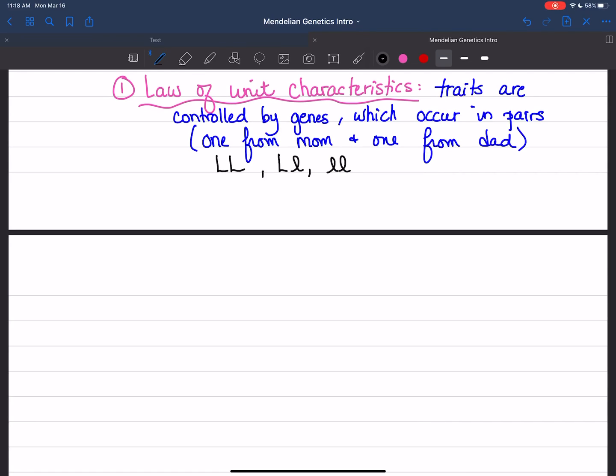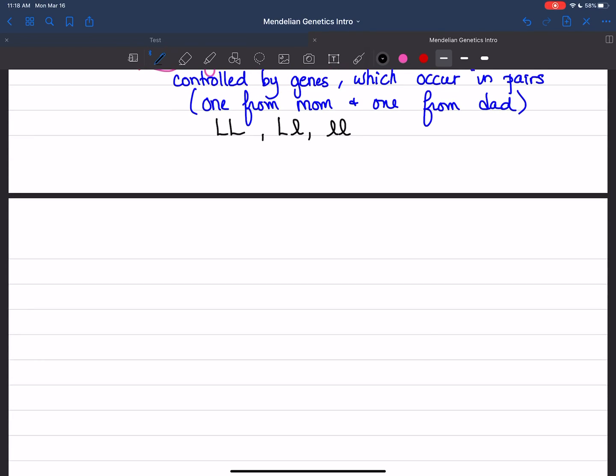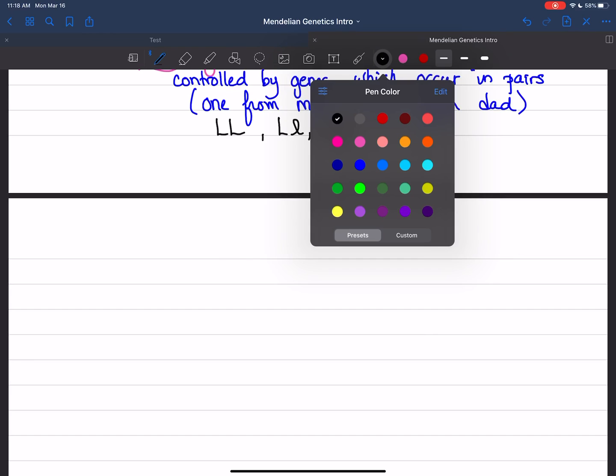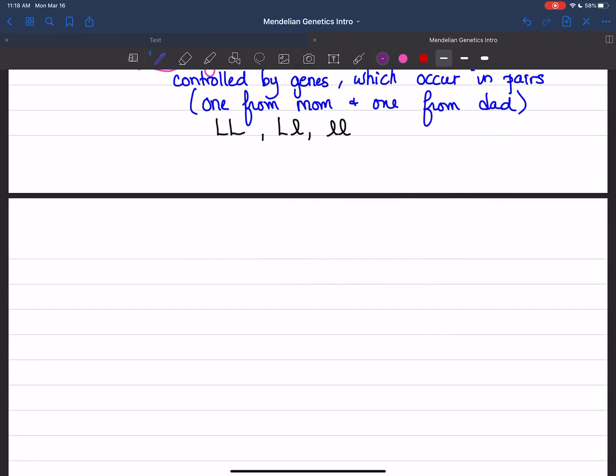Okay, and we'll talk about alleles in just a second. So for these unit characteristics, what we know today is that big L, why is it capital L twice? For that, we have to look at the second law, which is the law of dominance.